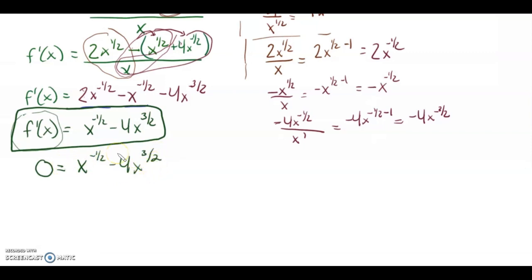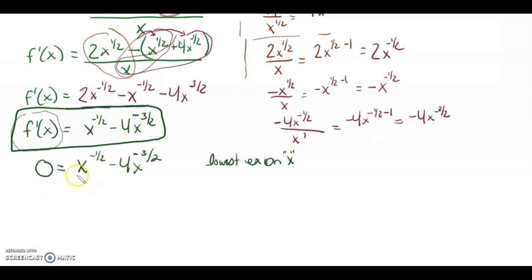Okay, this is a little bit difficult to me because we have two x values. So what I'm going to do is I'm going to factor out, remember, the lowest exponent on x. So what is a lower number? Negative 1/2 or negative 3/2? Okay, so the lower one is negative 3/2.